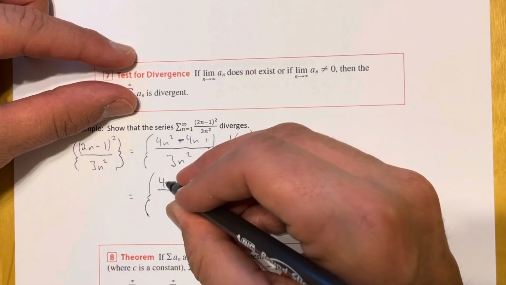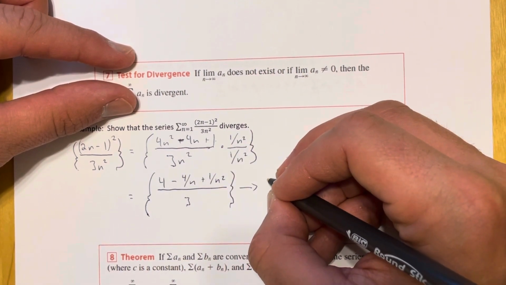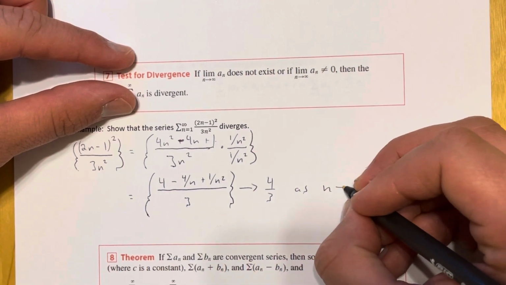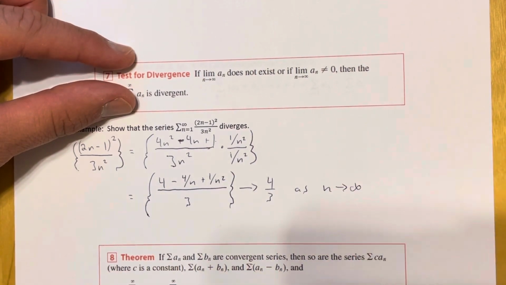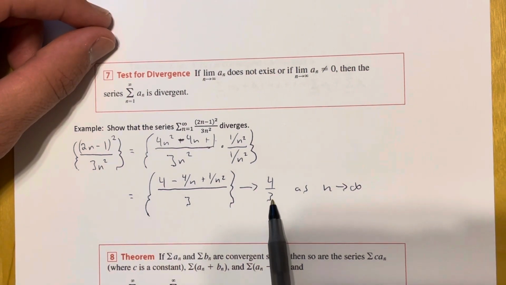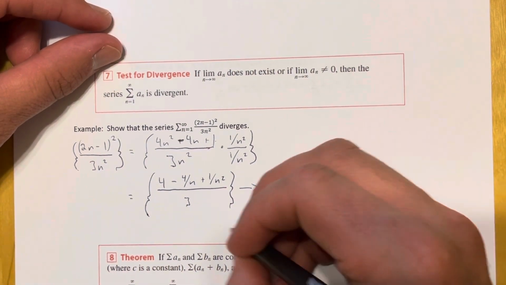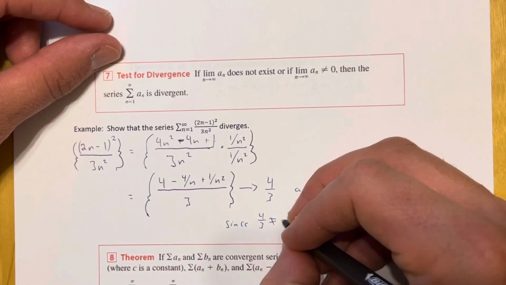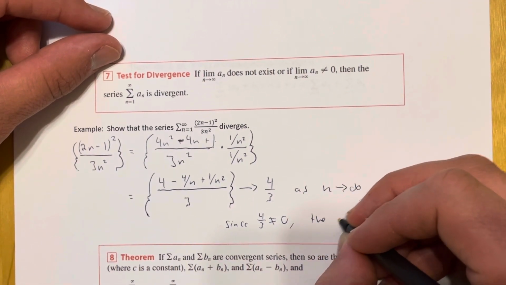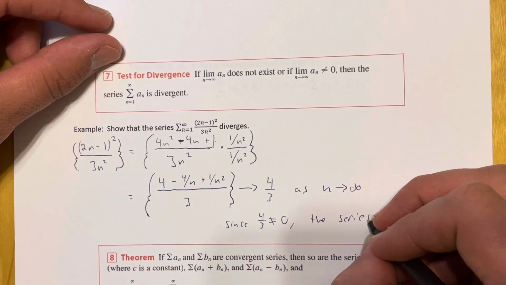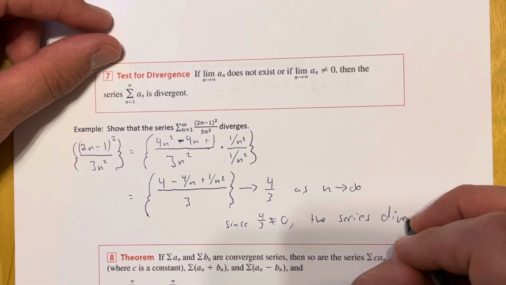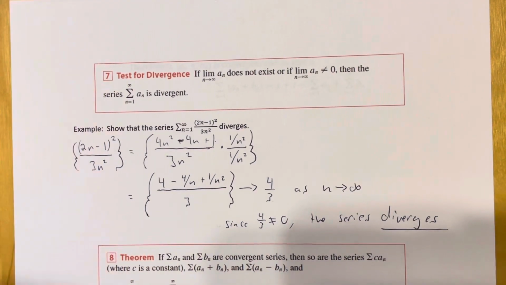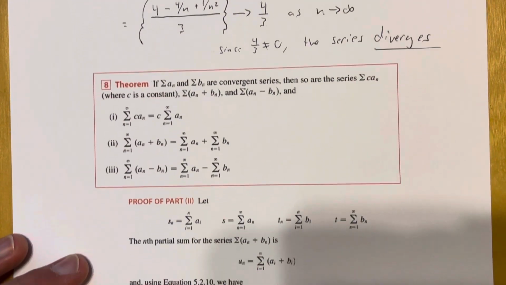So that's going to leave me with 4/3 as n goes to infinity. So this is not equal to 0. Since 4/3 is not equal to 0, the series diverges. Okay, that's how you want to use that test.